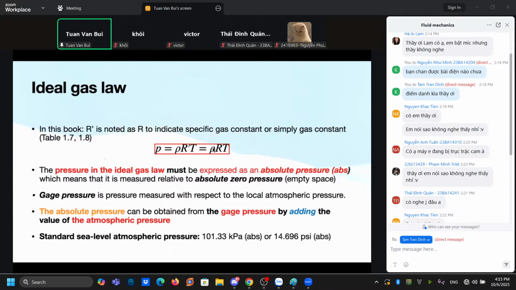And we use the ideal gas law because for the problem you will have the specific gas constant value, which means the value for a given fluid or a given gas.